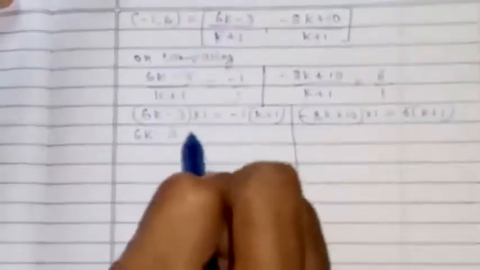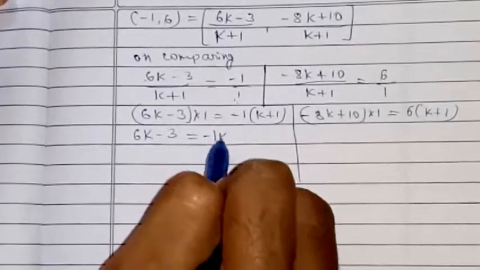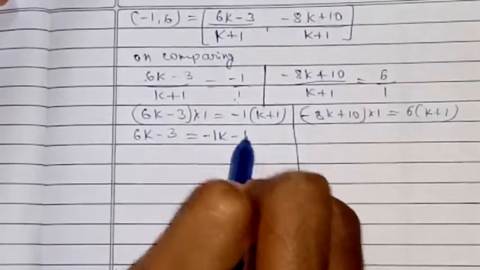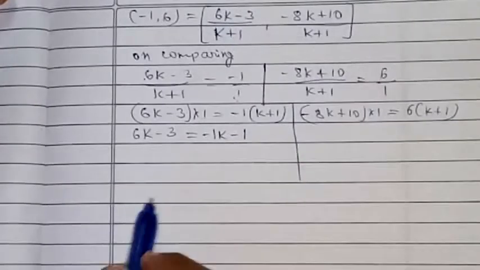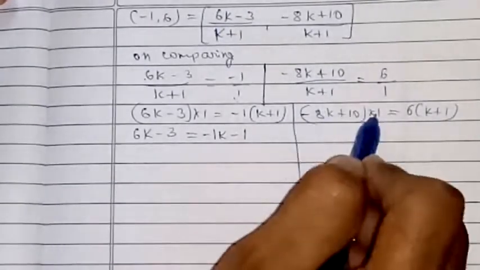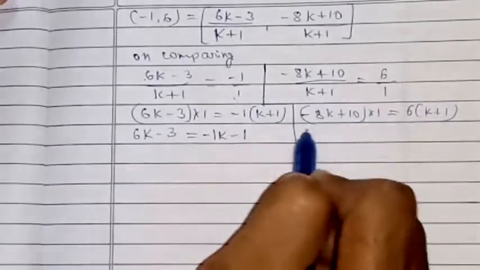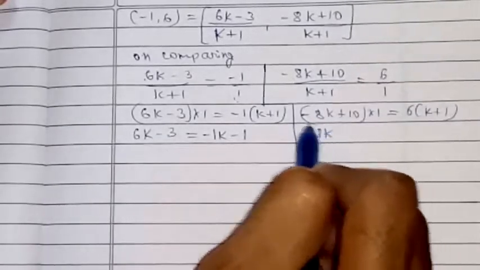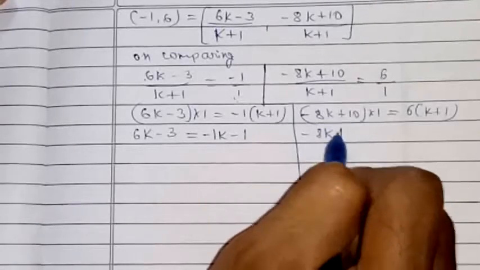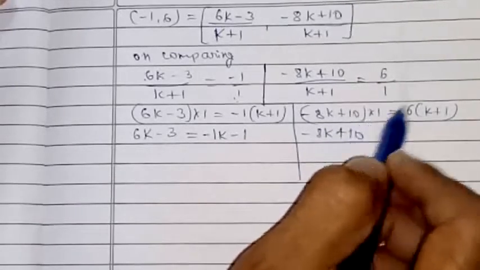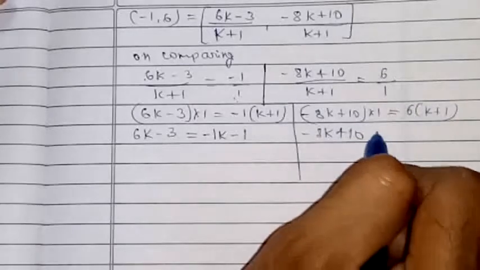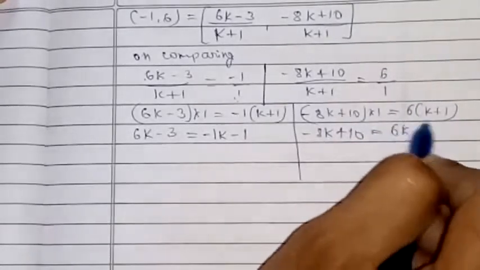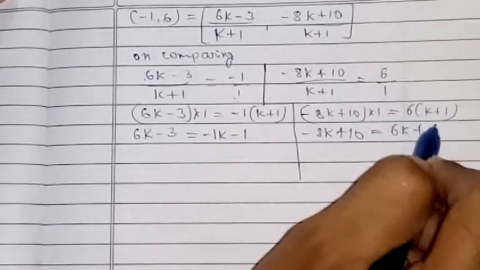So therefore minus 1 into k is minus 1k, minus into plus is minus 1 ones are 1. Right children? Here multiply with the 1 and with the symbol. So minus 8k into 1 is nothing but minus 8k. Now plus 10 ones are 10. That's equals to 6k, 6 into k, 6k plus 6 ones are 6.